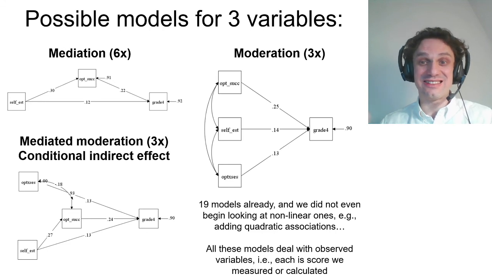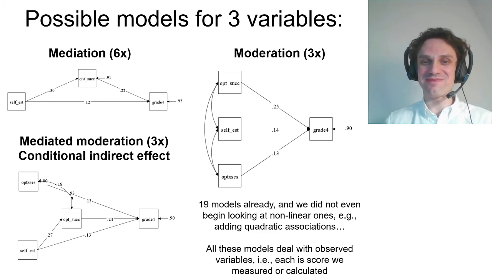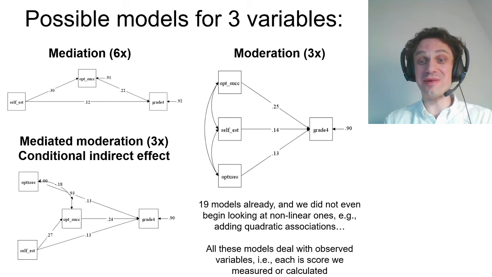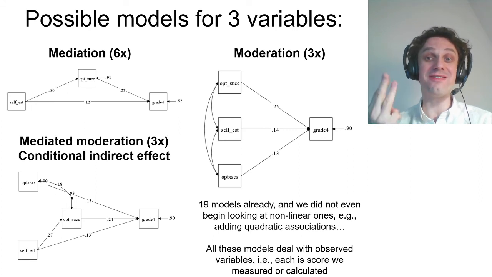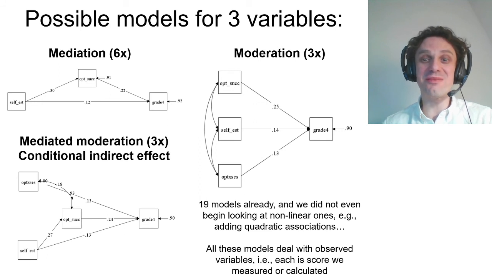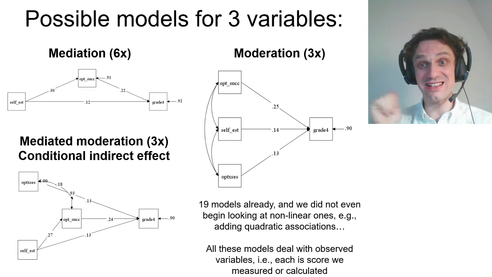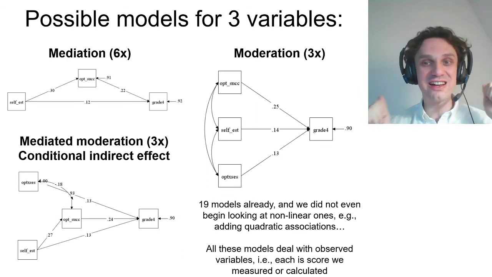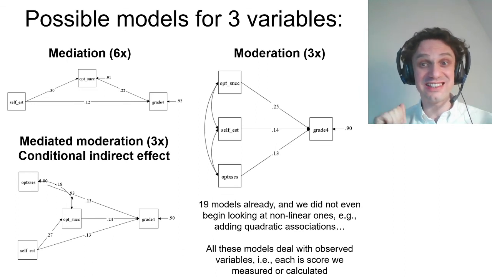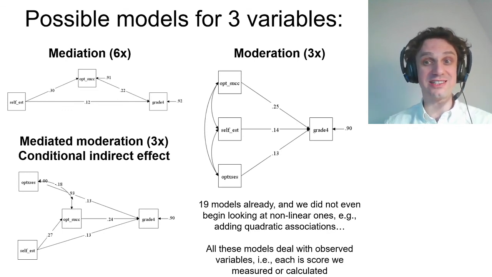And there are also other possibilities. So we will not even go into that complexity, but in principle, the number of possible models, even for 3 variables, is probably almost infinite, because you can model this association with different functions: quadratic, cubic, polynomial, logarithmic, exponential, logistic, etc. But today, we will only confine ourselves to linear associations.